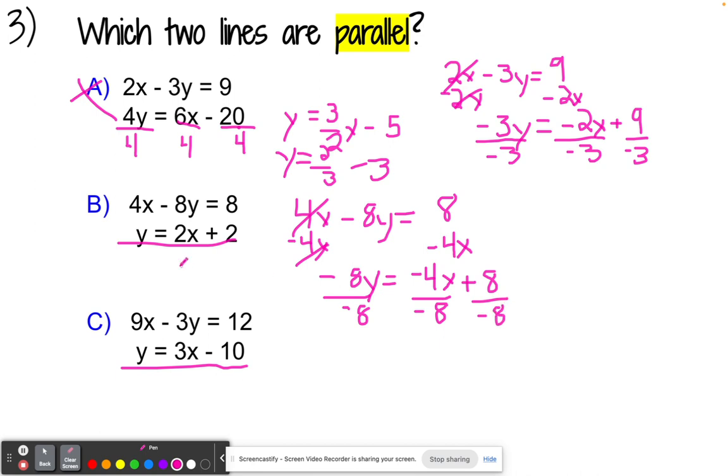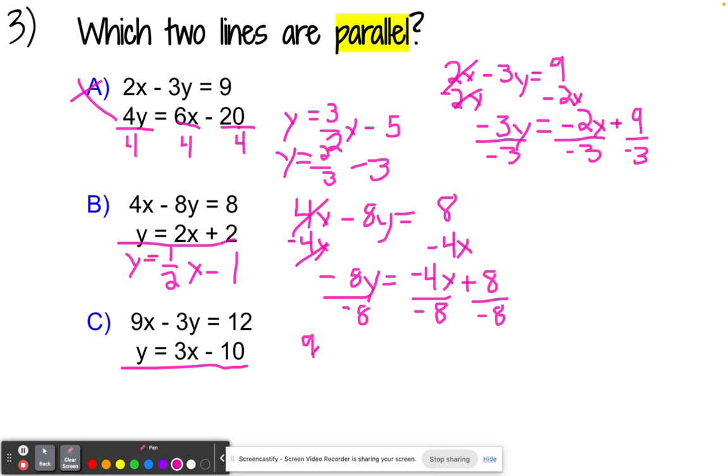So that is y equals 1/2 x, and 8 divided by negative 8 is -1. So again, not parallel. They're also not perpendicular because they're both positive. So I'm guessing this is going to be my correct answer, but we better do it.